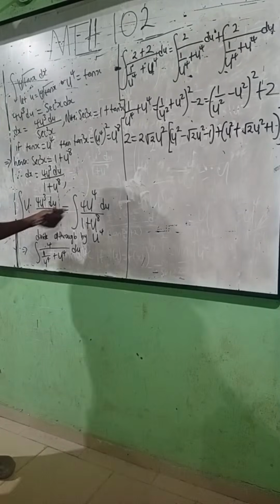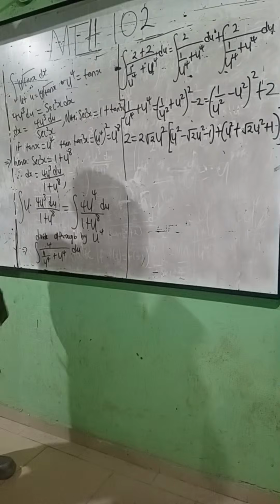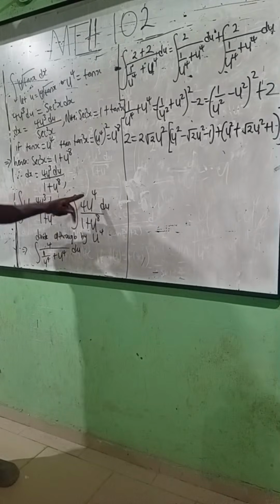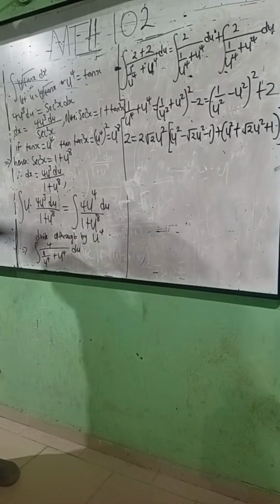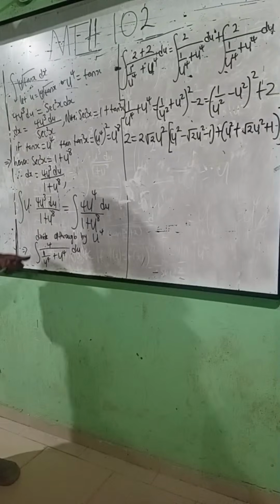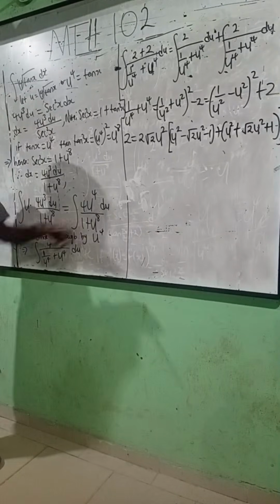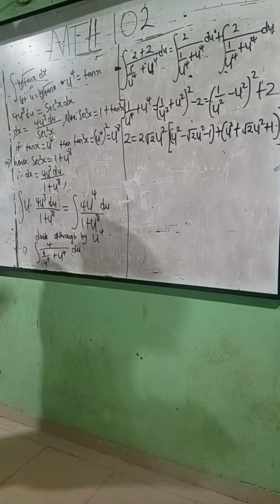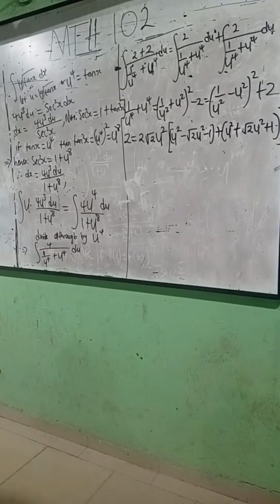I divided the numerator and the denominator by u raised to power 4. If you divide 4 u raised to power 4 by u raised to power 4, you get 4. 1 over u raised to power 4, you have 1 over u raised to power 4. U raised to power 8 divided by u raised to power 4, you have u raised to power 4. That's all. Divide everything by u raised to power 4, you get that. It's not a mistake.